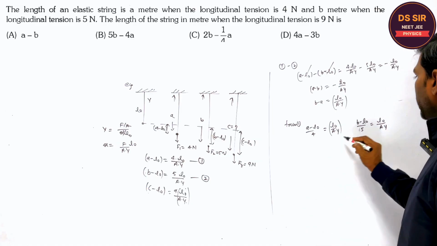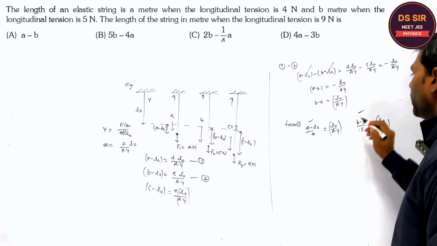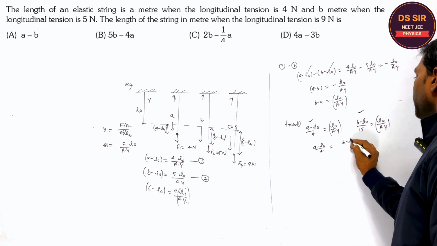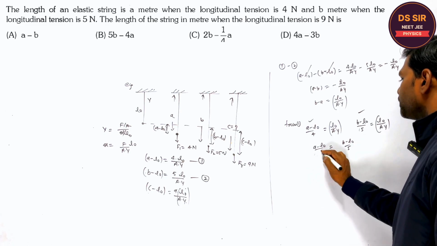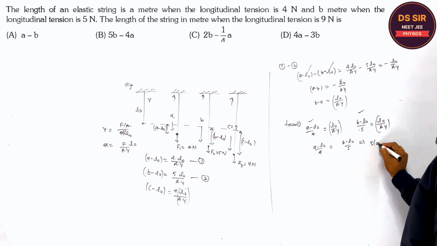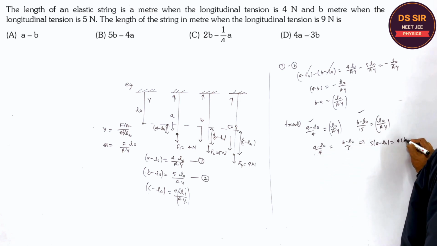So now both are L0 upon AY, and L0 upon AY is the same. So we can make them equal. A minus L0 upon 4 is equal to B minus L0 upon 5. Simplify. If you simplify, 5 into A minus L0 equals 4 into B minus L0.